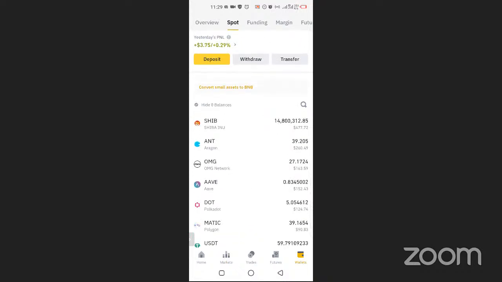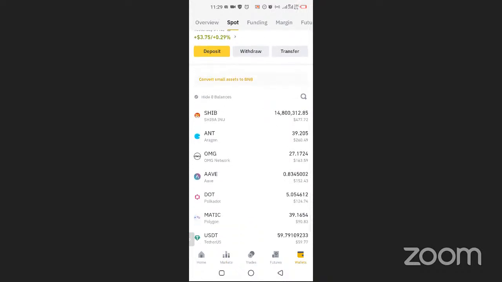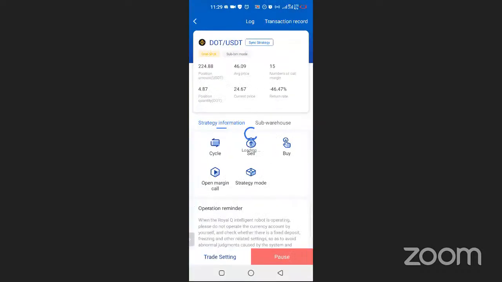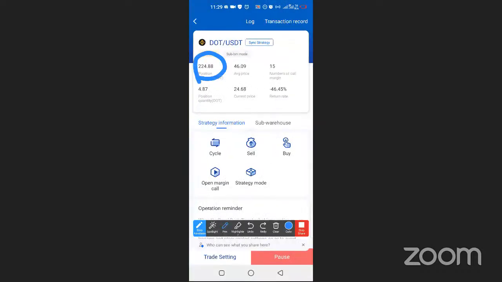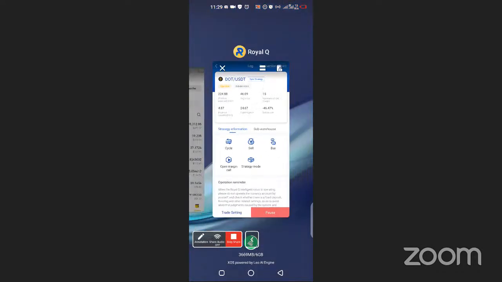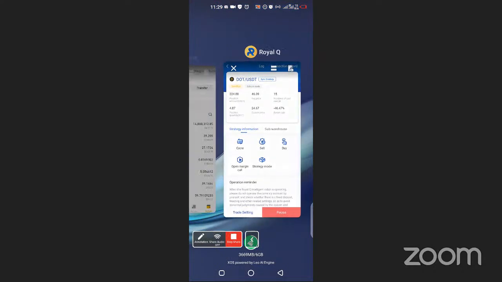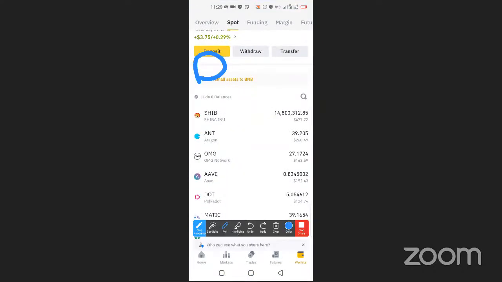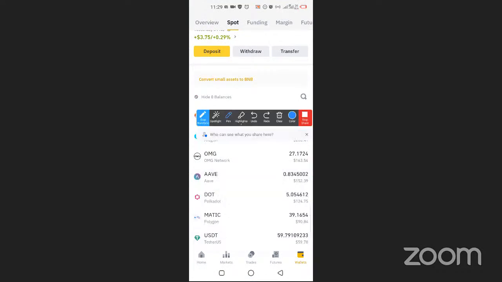Let me now analyze with you on a basic understanding, all right? Let us look at DOT. I have $224 in it, right? Yes, my leader. But DOT went down, eh? Yes. From the 210, the current value of DOT is now 124, right?